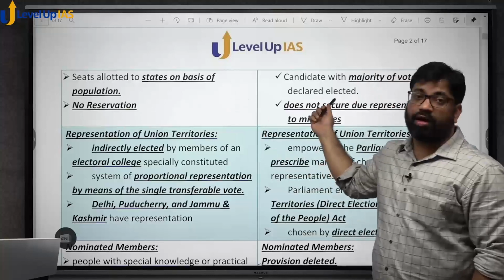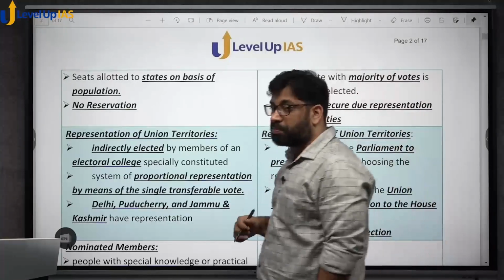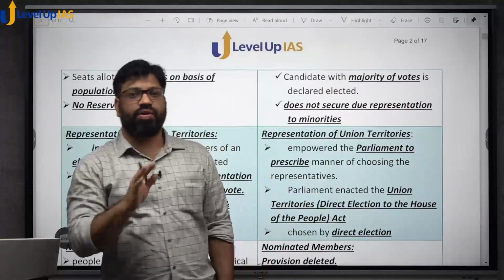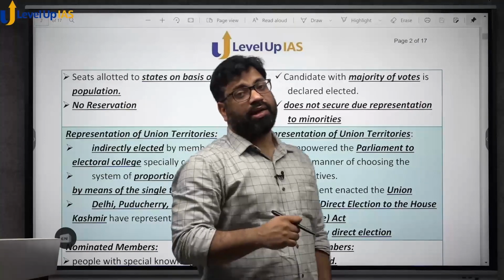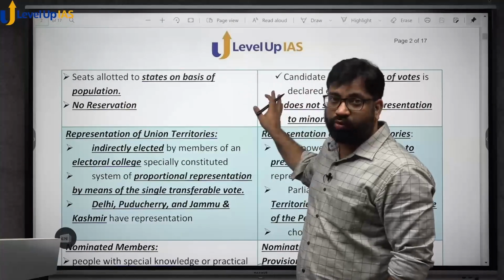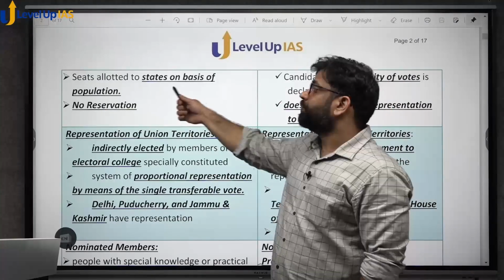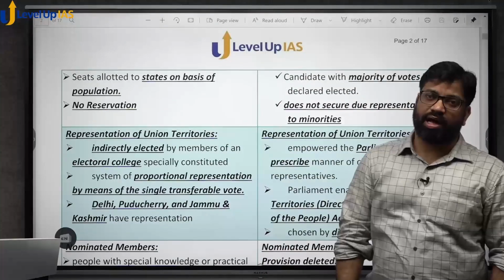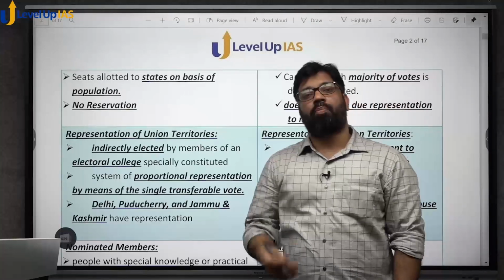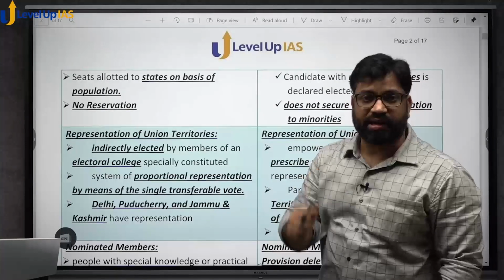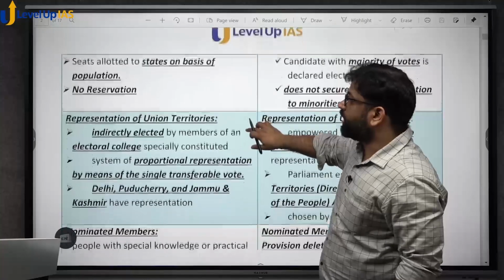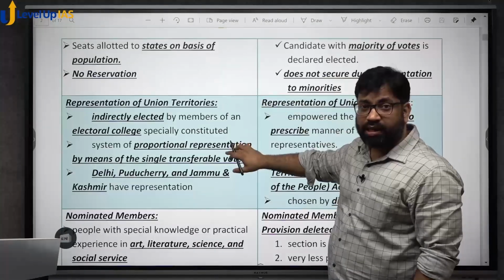Whereas in Lok Sabha, we will see it's a first past the post system. Majority of the votes are wasted. In that case, you have reservation also, because everyone's representation will not be possible. That we will read. Okay, now the number of seats in Rajya Sabha are allotted depending on the population of the state. Fine.